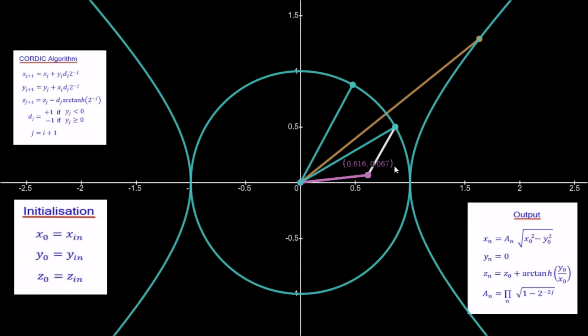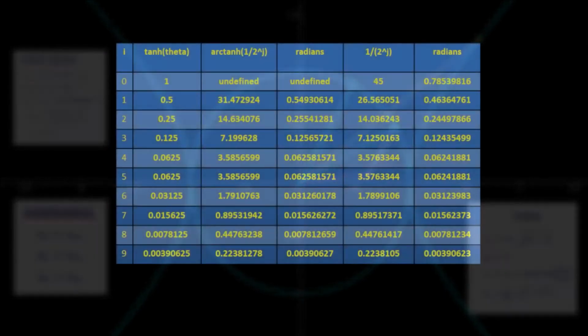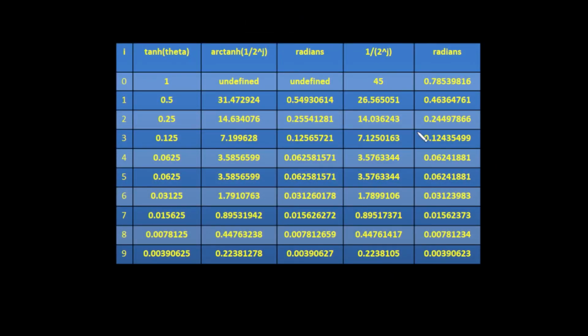And those are going to be given by the 2 to the minus j. So we use this set of angles here to bring the y value down to 0. And we use this set of angles here to add and subtract values onto the original angle of 30 degrees.